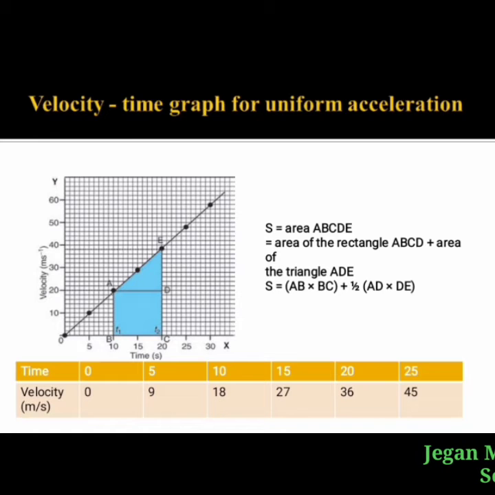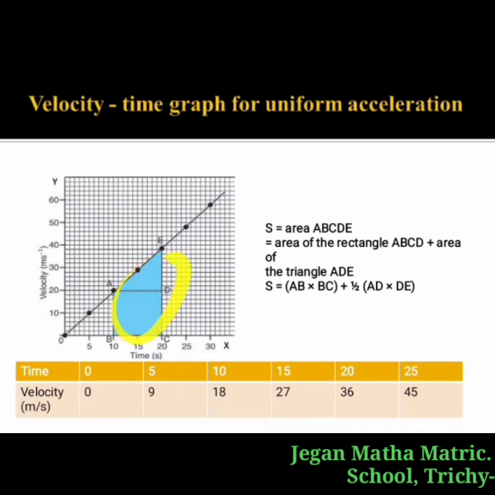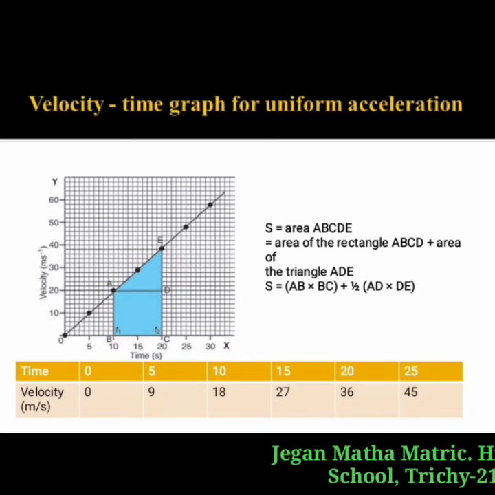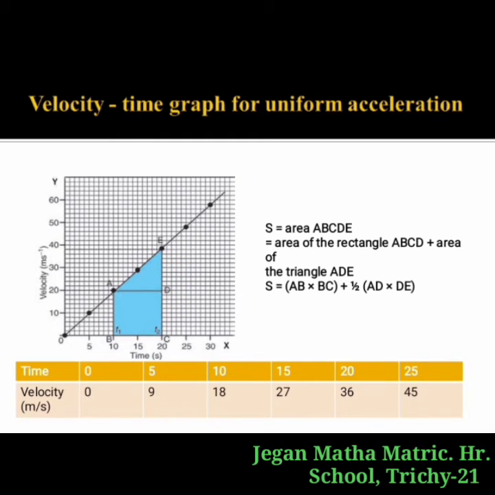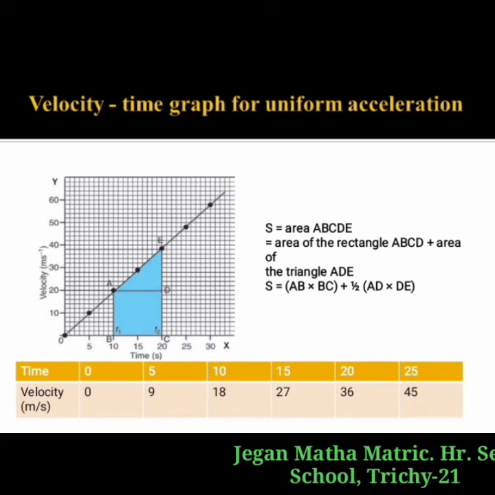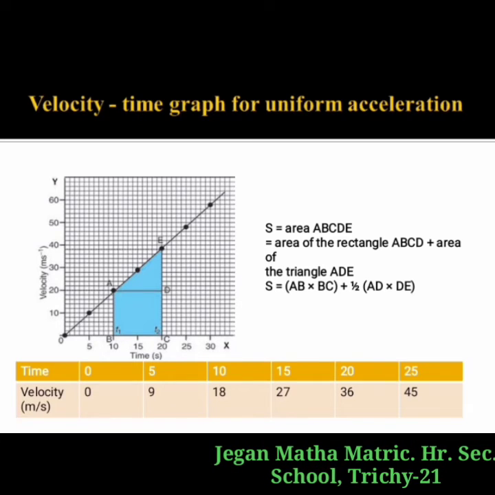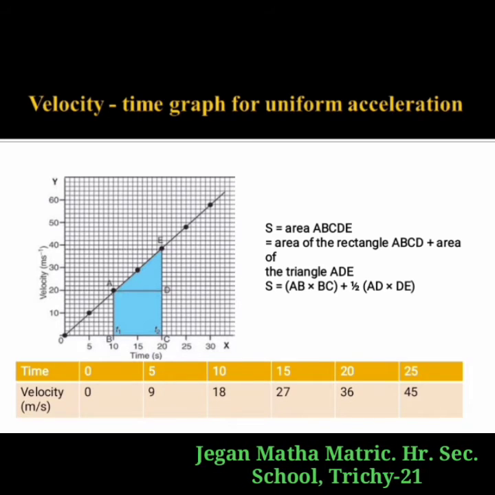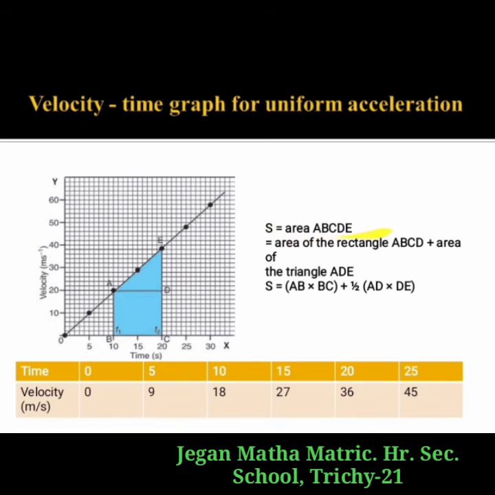Since the magnitude of the velocity of the car is changing due to acceleration, the distance S travelled by the car will be given by the area ABCDE. So S is equal to area ABCDE.